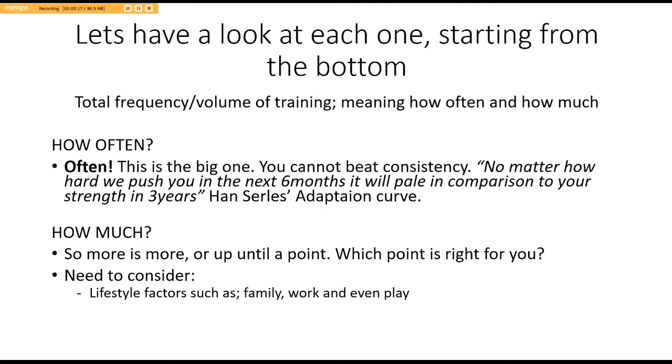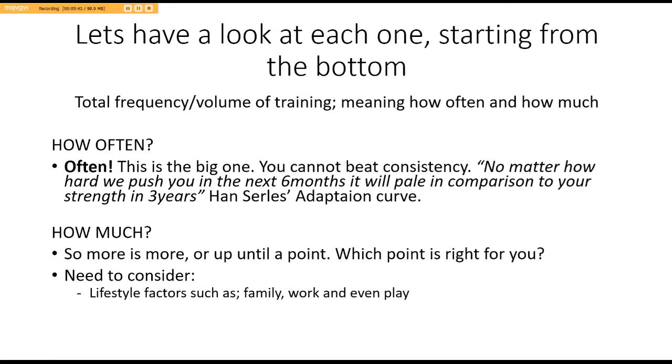So how often is the frequency? Often, we would say, and this is a big one, you just cannot beat consistency. A quote I use with a lot of our athletes is, no matter how hard we push you in the next 6 months, it will pale in comparison to your strength in 3 years. That means time as a catalyst tends to prevail.